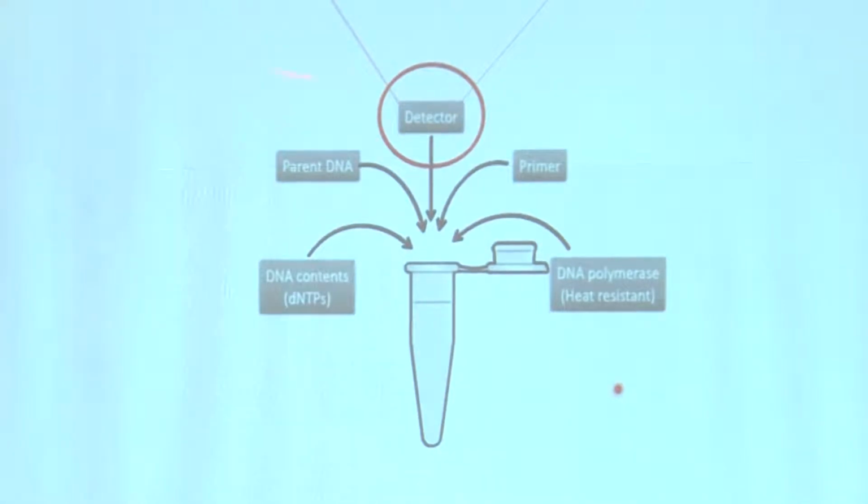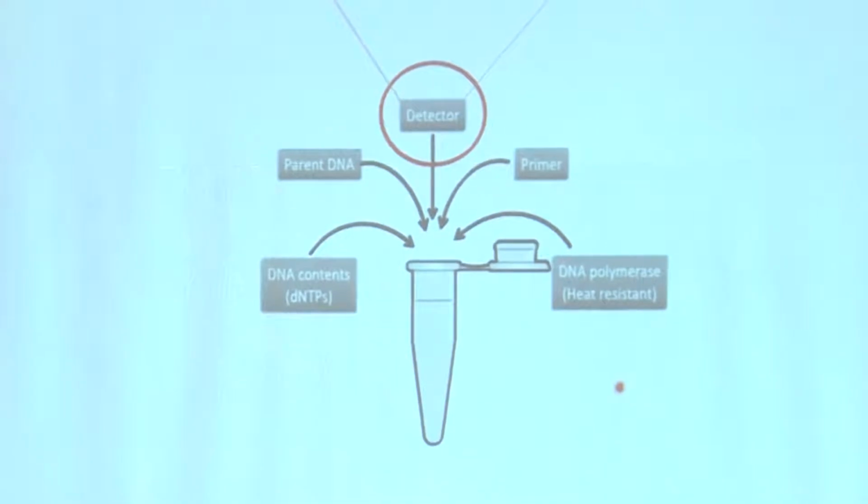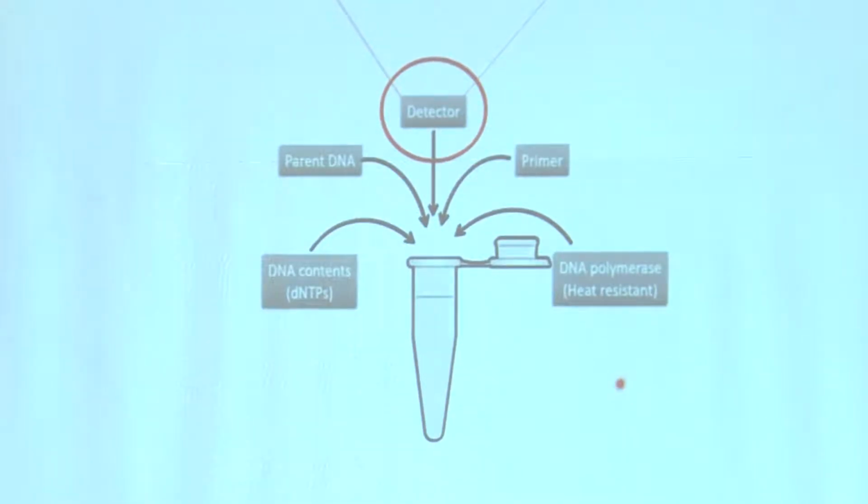One class of detector is called a fluorescent dye, also called non-specific detection. Okay. The fluorescent dye based real-time PCR is one option. Another option is specific detection, that is through detection probes. Is it clear?